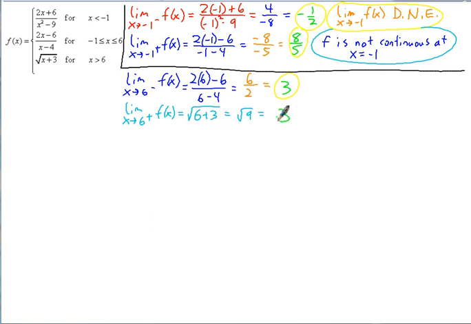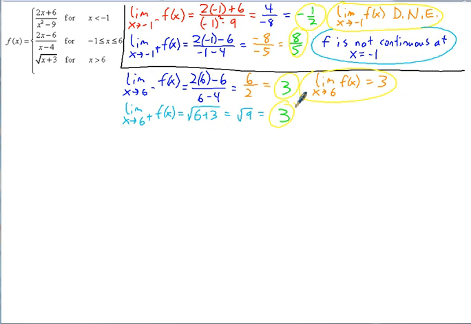So this time, notice the left and right hand limits are equal, which means the general limit would also be 3 since those are equal. So the general limit as x approaches 6 of f of x equals 3. That's one thing it tells us. But remember, it also tells us at that breakpoint, since the left and right limits are both 3, the function actually does meet up and is continuous.